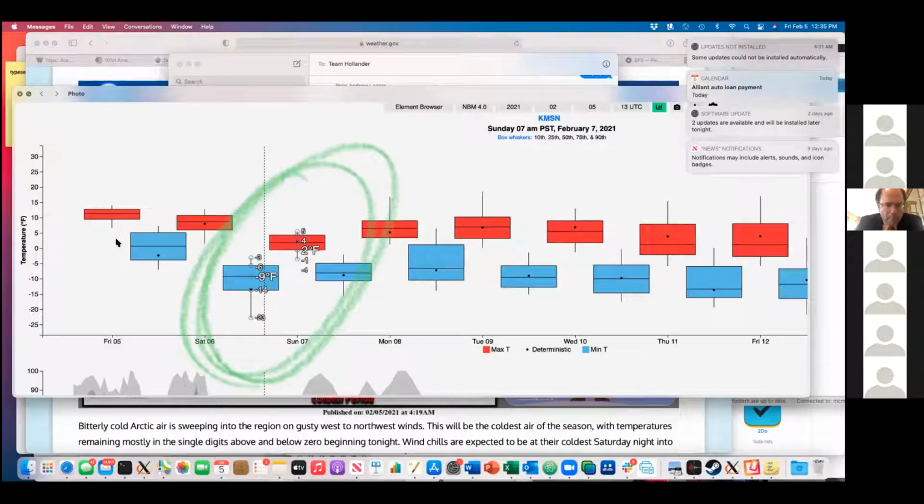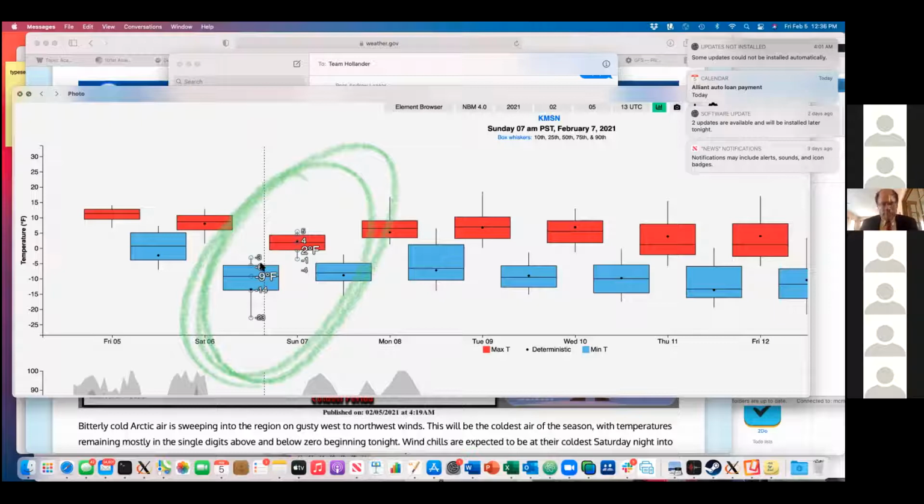It gives you a sense of the range of temperatures for the highs and lows over the next few days. This is from what's called the NBM, the National Blend of Models. They take all the models that are available for the period in question, and they post-process this data to create these box and whisker plots, which show various percentiles for the temperature.